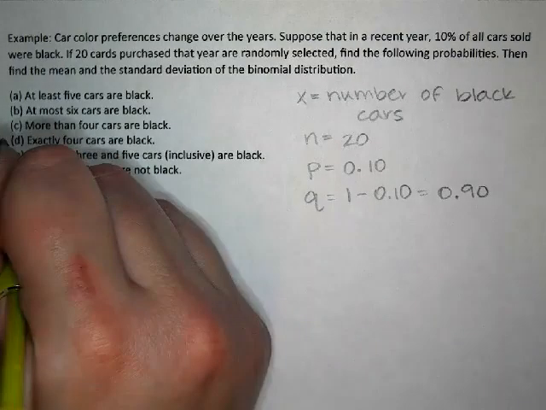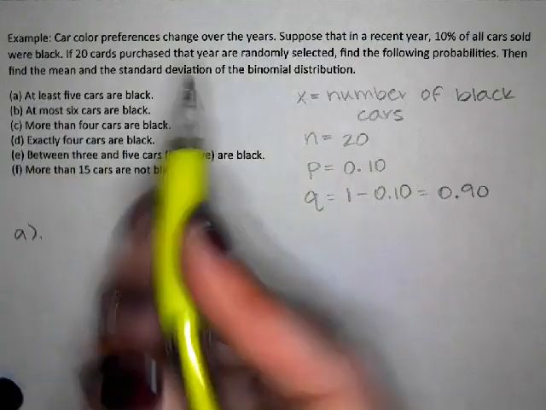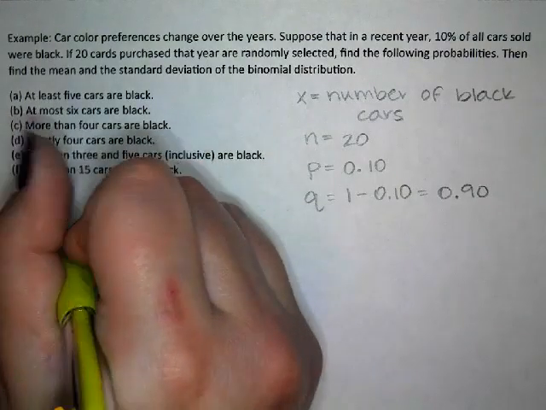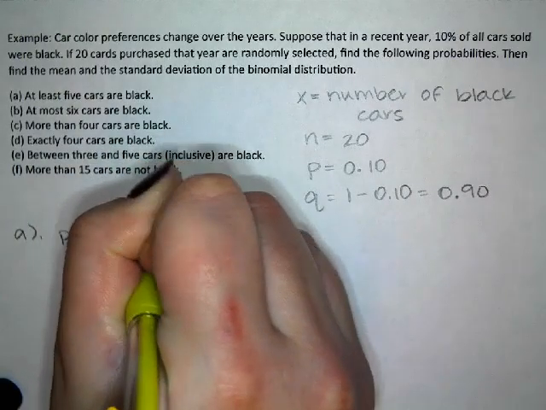Okay, so part A says the probability that at least 5 cars are black. So probability that X is greater than or equal to 5.